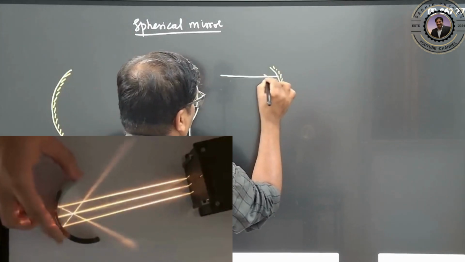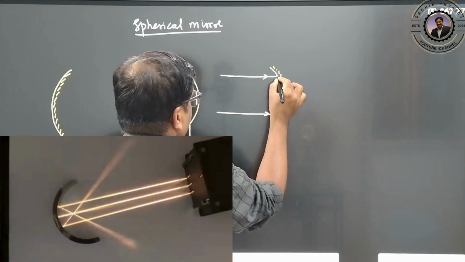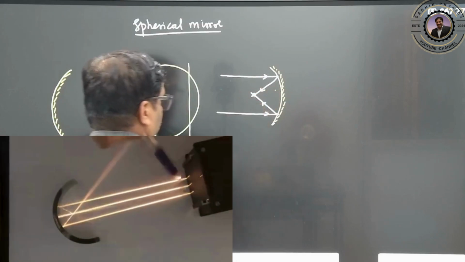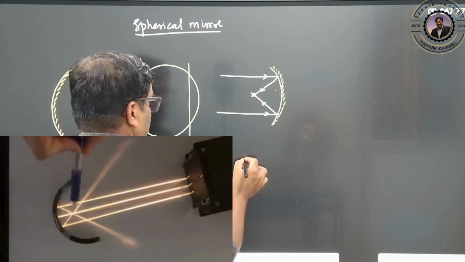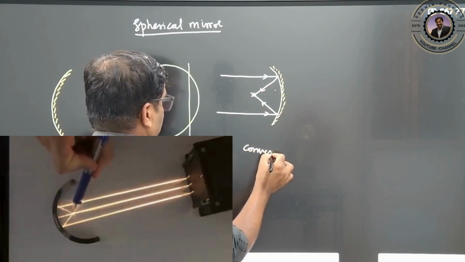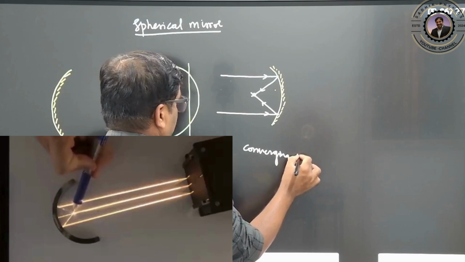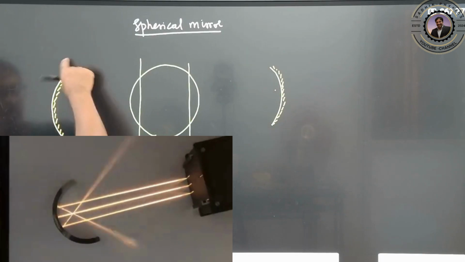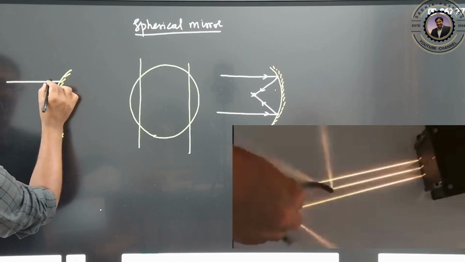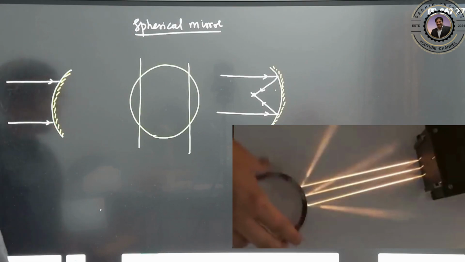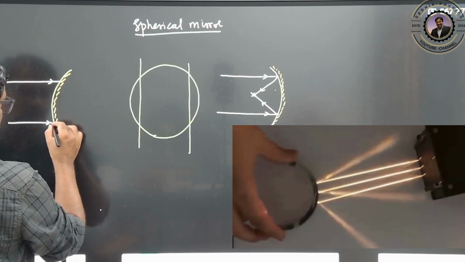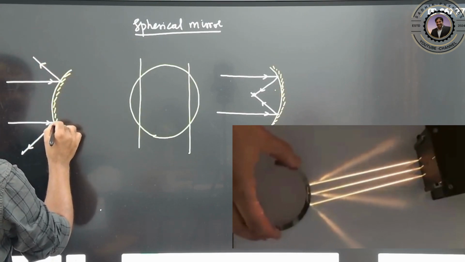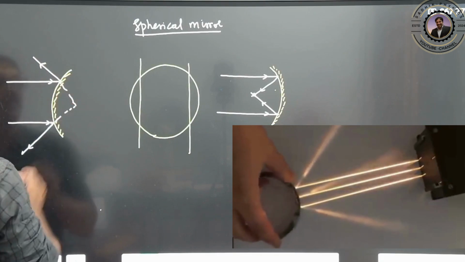Now if light rays, a parallel beam of light rays, come and fall onto this, they converge to one point. That's why this mirror is called a converging mirror. Suppose light rays fall on the other side. After reflection, they go back, looking like diverging rays.